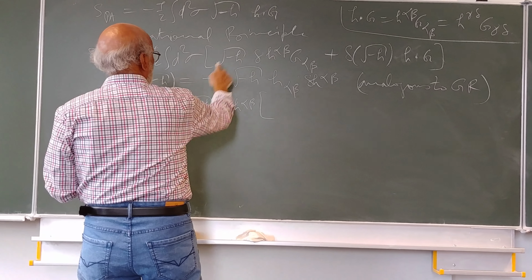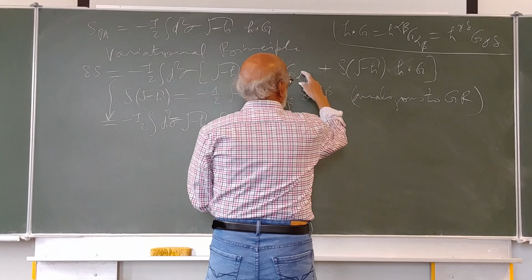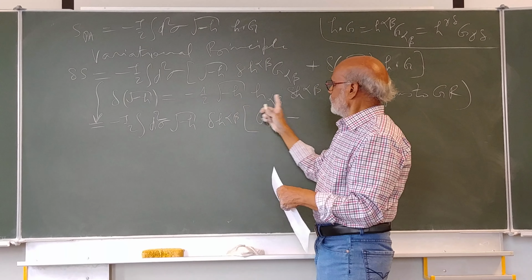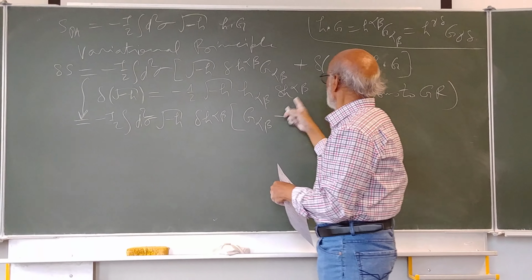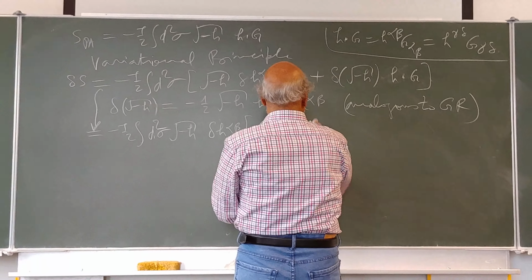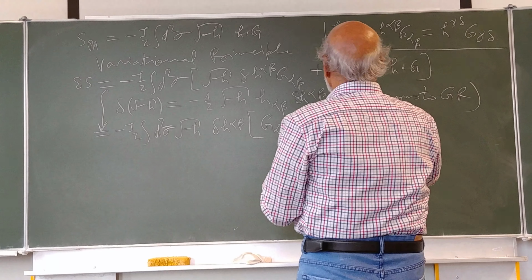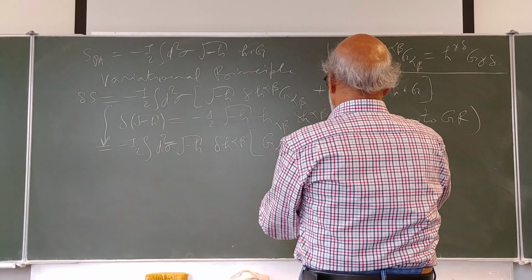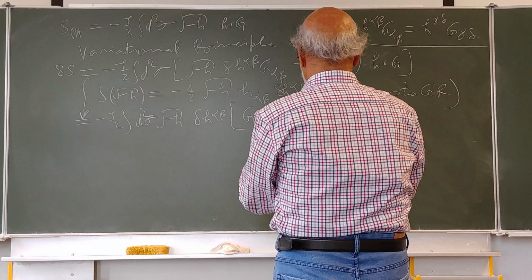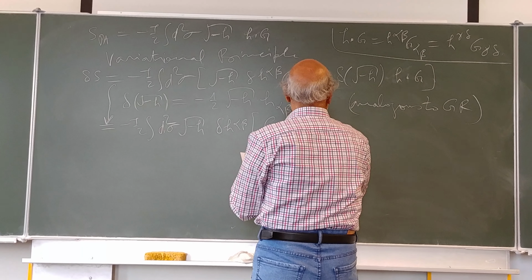Then this is gone, this is gone, this is gone, this is gone. So I have here g alpha beta from here. Now from here, I have this is gone, this is gone, this is also gone, this is also gone. So I have just minus. Am I missing one point here? H or this is okay. H alpha beta is here.